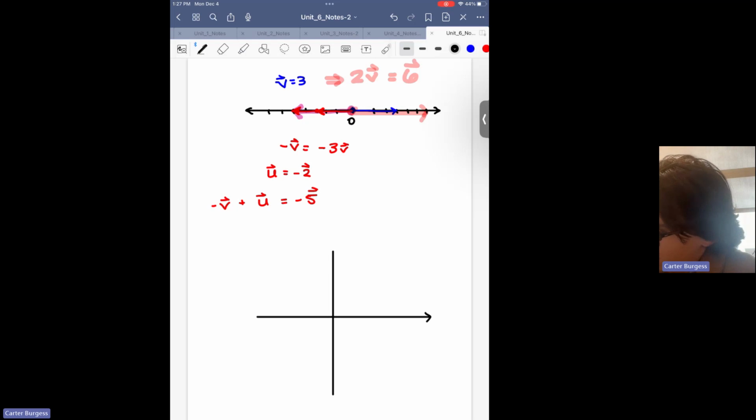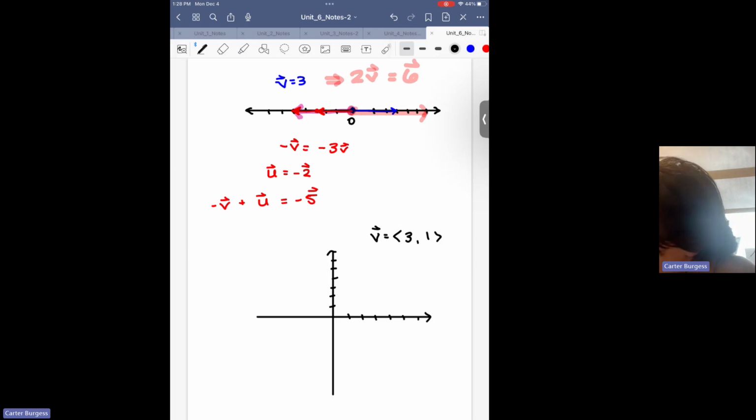We'll say that the vector v is equal to the vector 3, 1.